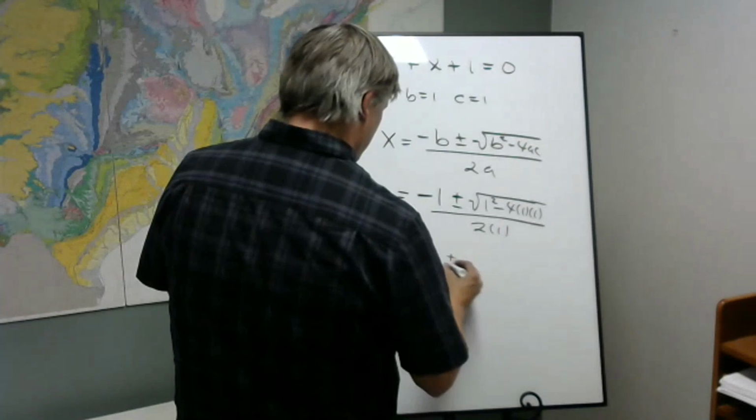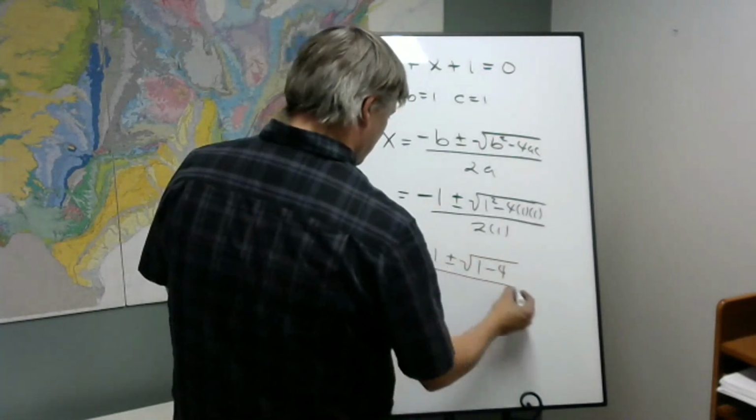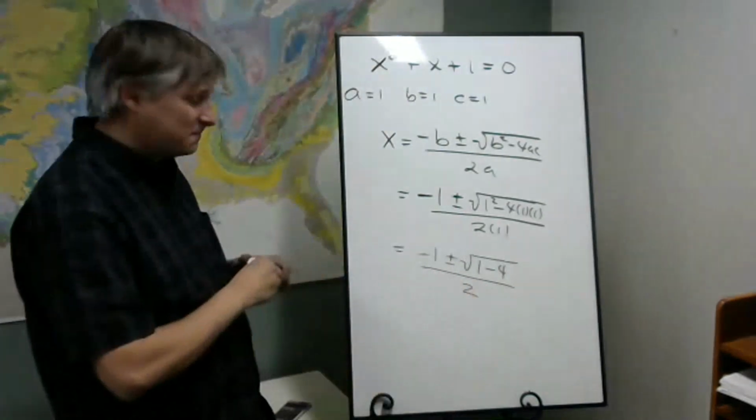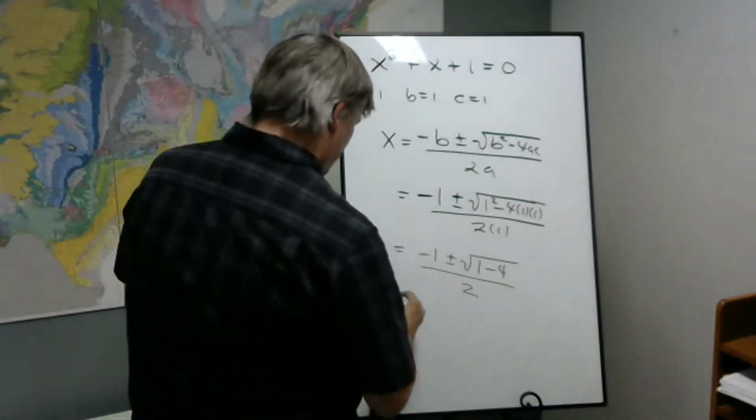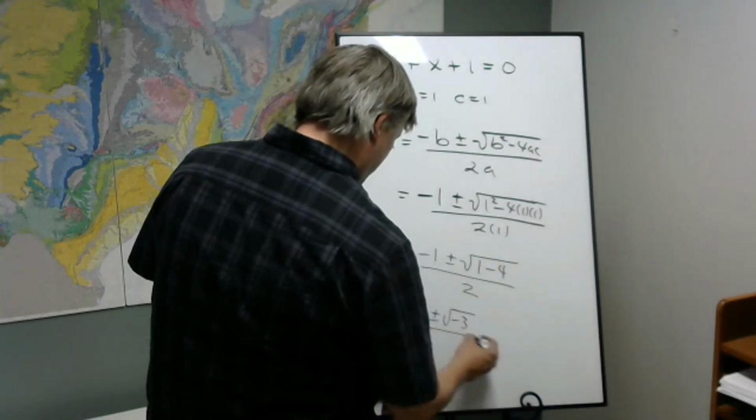Or -1 plus or minus the square root of 1 minus 4 over 2. Or -1 plus or minus the square root of -3 over 2.